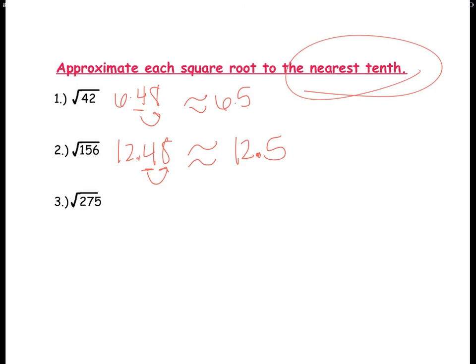Square root of 275, on my calculator screen, I get 16.58. So here's my tenth spot. I look to the right. Since that's above 5, I round up and I say the square root of 275 is about 16.6.